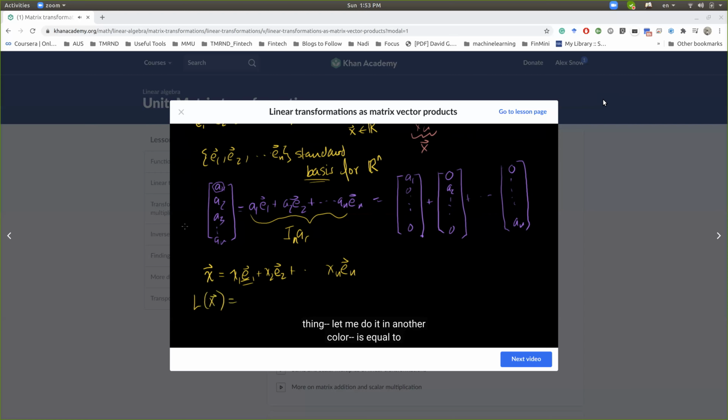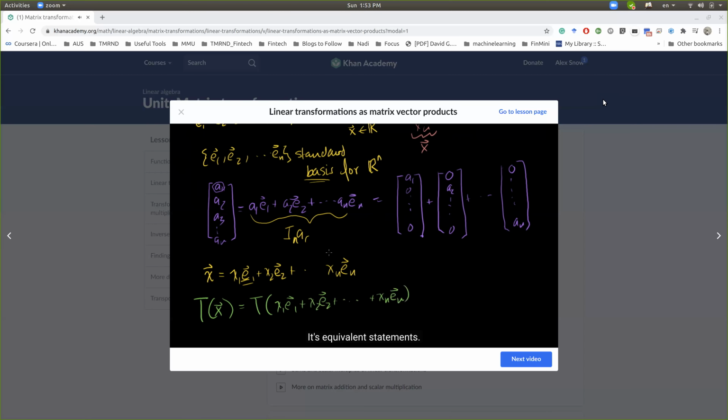Actually, instead of using L, let me use T. I used L by accident because I was thinking linear. But if I take the linear transformation of x, because that's the notation we're used to, that's the same thing as taking a linear transformation of this thing. They're equivalent. So x1 times e1 plus x2 times e2 all the way to plus xn times en.